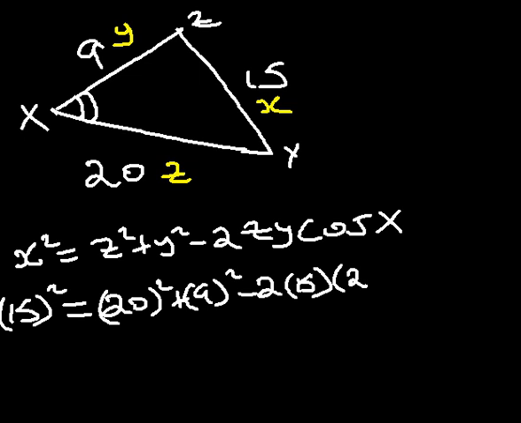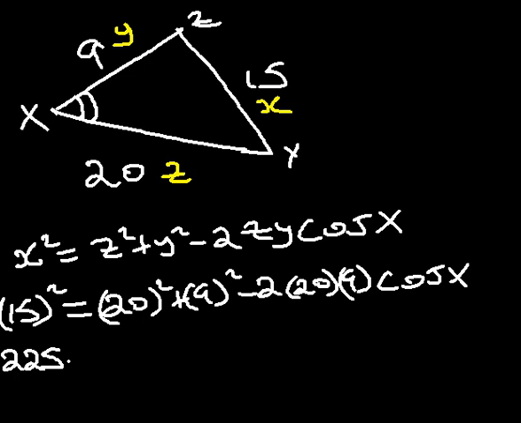times the cosine of angle X. So what is 15 to the power 2? That is 225.